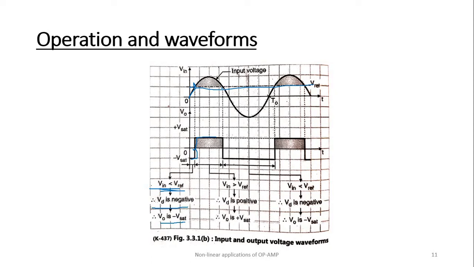After this point, Vin decreases below the V reference, therefore Vin is less than V reference, Vd is negative and the output voltage V0 becomes minus V saturation. So the graph becomes like this up to this point. Okay, understand?